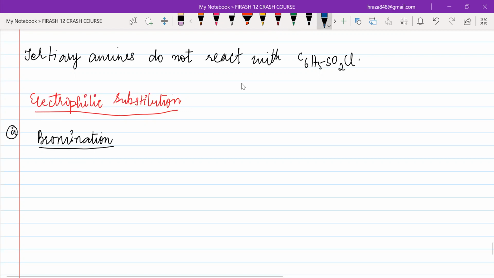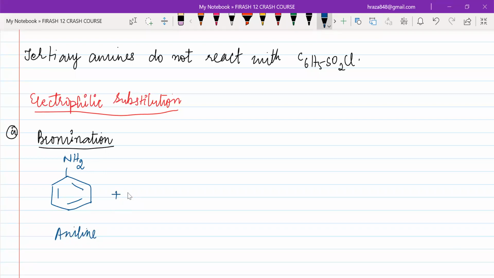If you are going to react aniline with bromine water, this is your benzene, and if you are going to attach NH2, it will be aniline. So if you are going to react this with bromine water, I just took 3 moles of bromine molecule, and it is bromine in the presence of water.